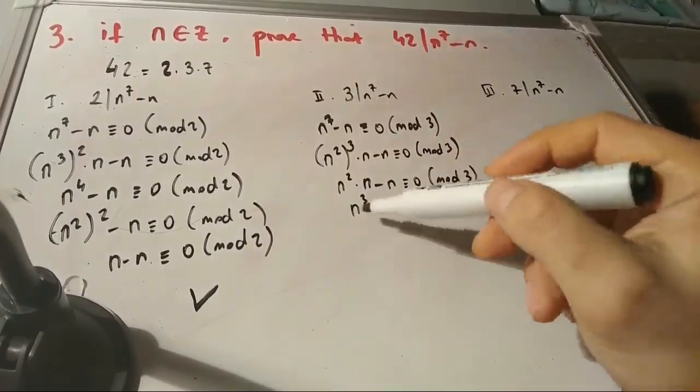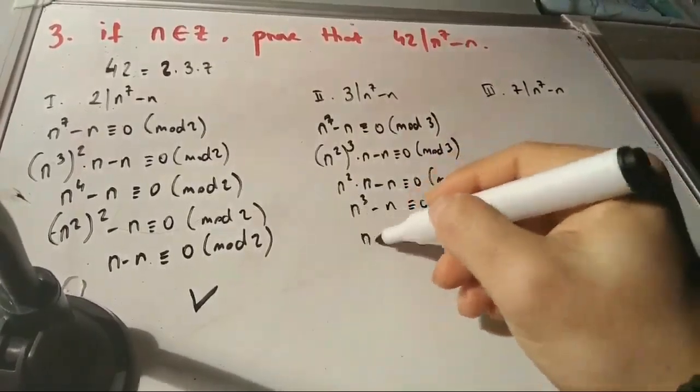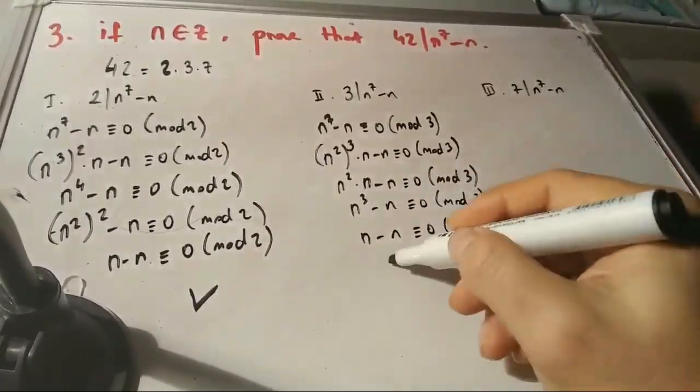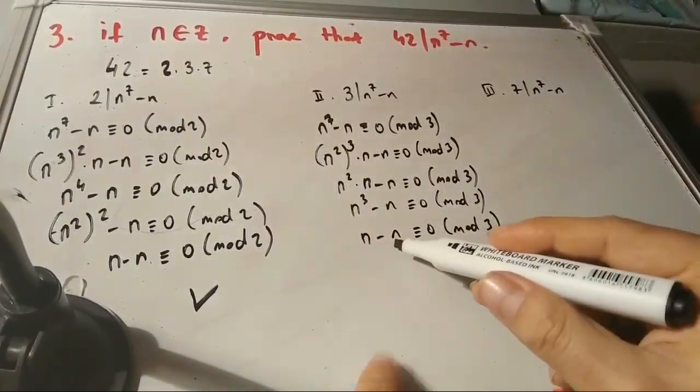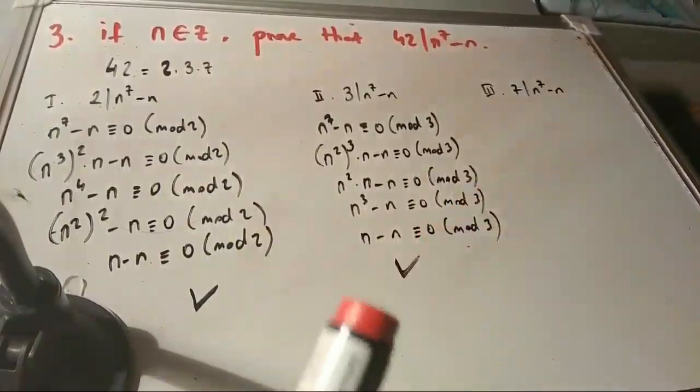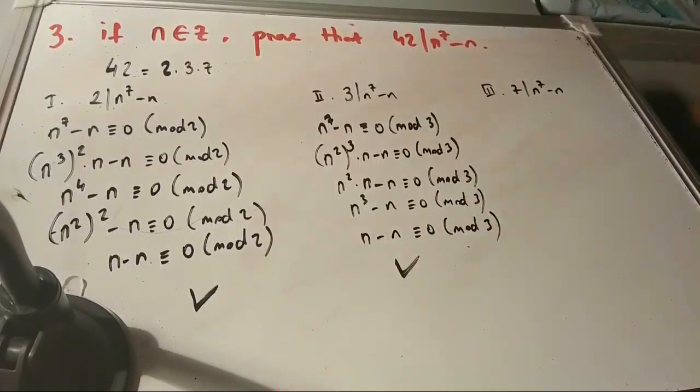So we are going to get n minus n, which is 0 in mod 3. So 0 is divisible by 3. So we also pass the second case.